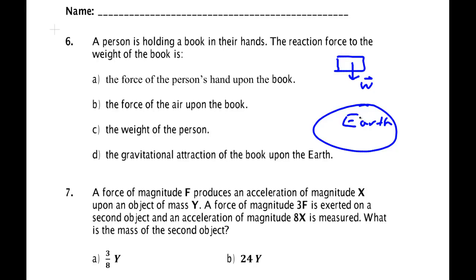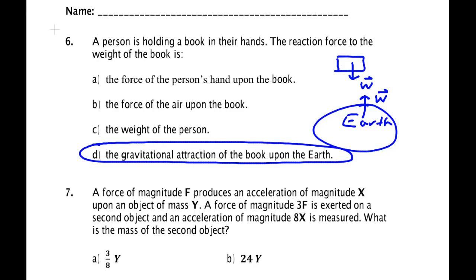So therefore, the book should be pulling upwards with a weight force on the earth. So it is the gravitational attraction of the book upon the earth. There's nothing said about the hand. The normal force of the hand on the book, its reaction force is the normal force of the book on the hand.